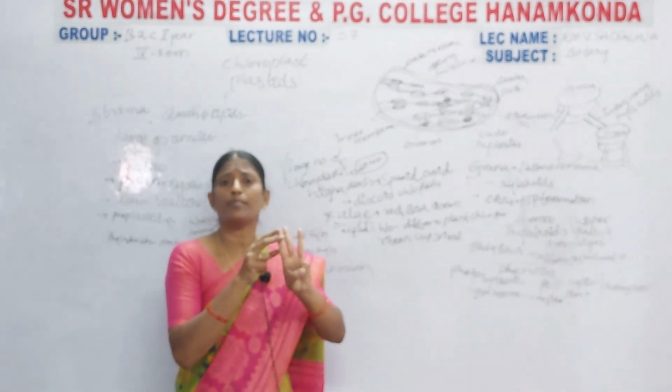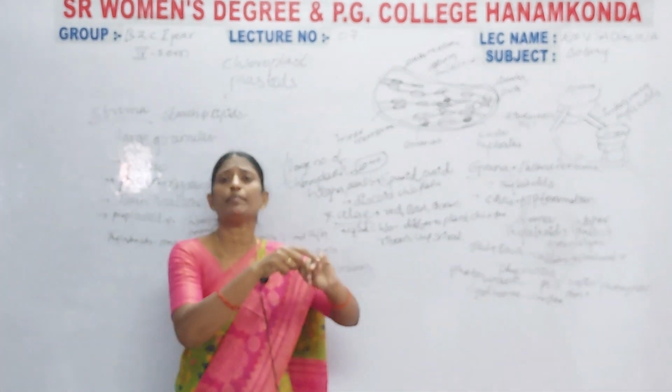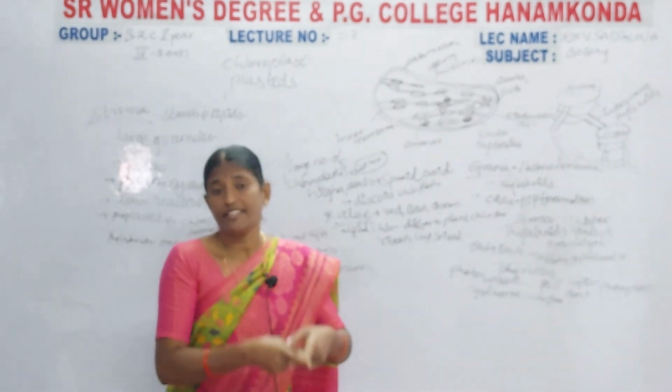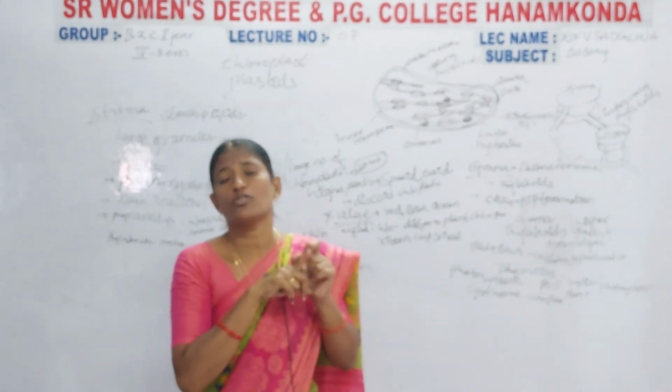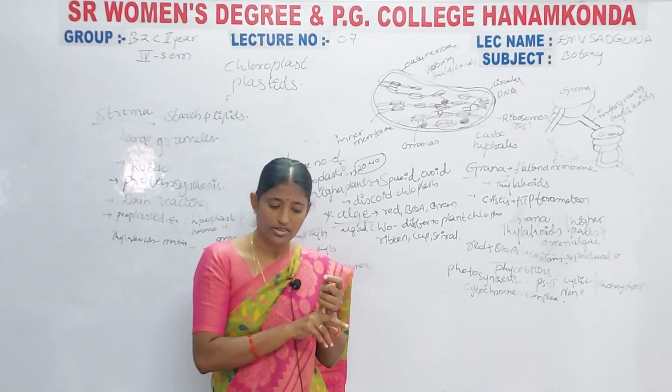ATP is formed by the photosynthetic reactions, the dark and light reactions.